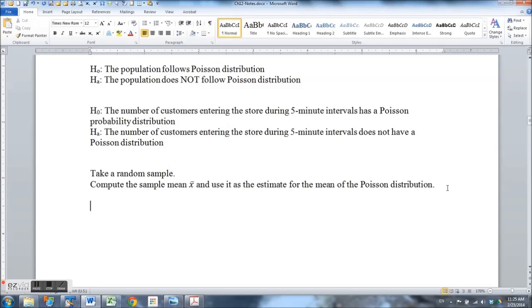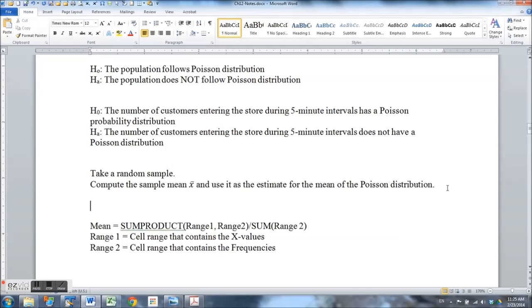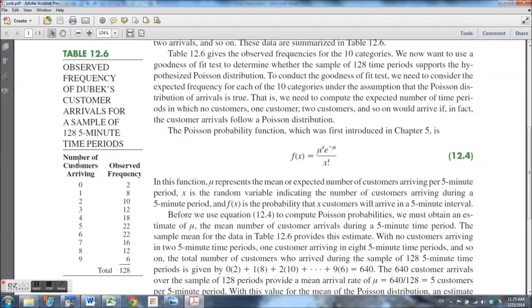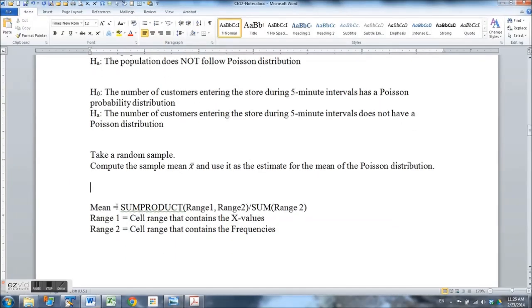But what we have here is only a frequency distribution of the data. So we have the number of arrivals and then how many times that number of arrivals occurred in the 128. So it's not simply a question of adding up. We need to compute a weighted average. We need to weight each of these numbers of arrivals with the observed frequencies.